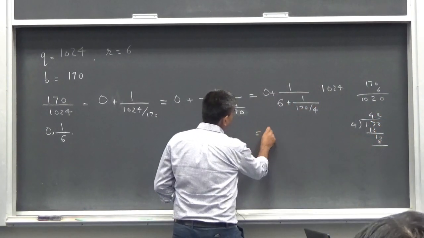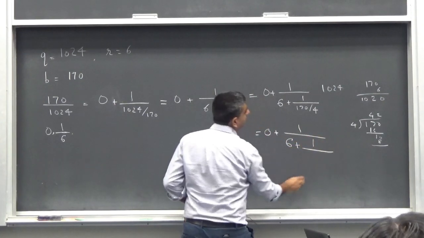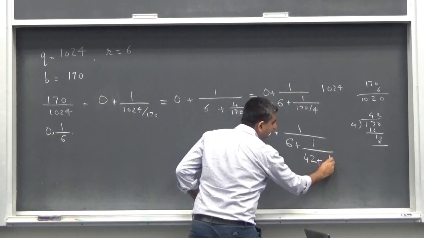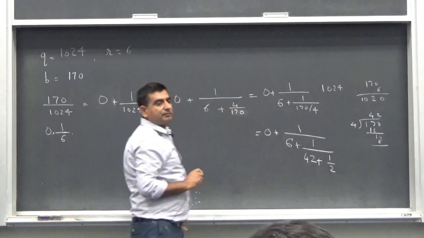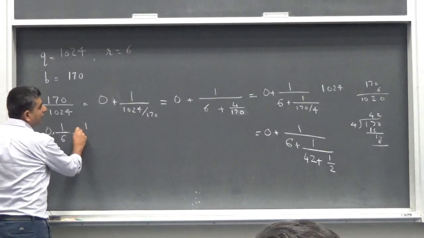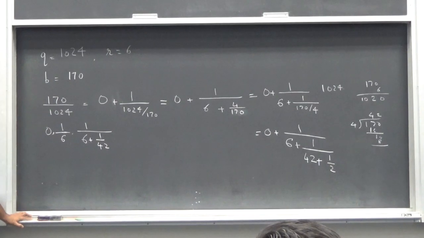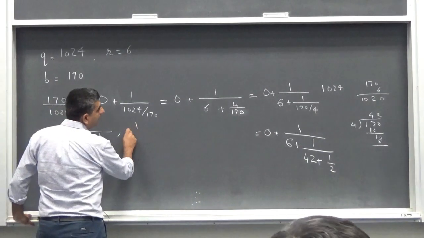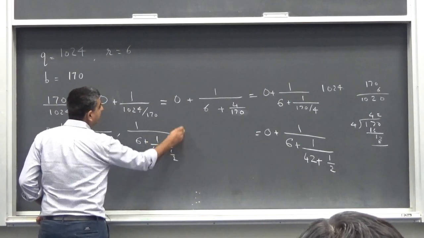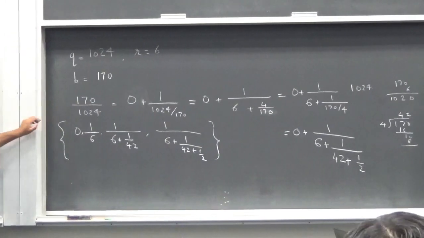So this becomes 0 plus 1 over 6 plus 1 over 42 plus 2 over 4, 1/2, right? The next convergent would be 1 over 6 plus 1 over 42. The one after that would be 1 over 6 plus 1 over 42 plus 1 over 2. These are all the convergents of 170 over 124.